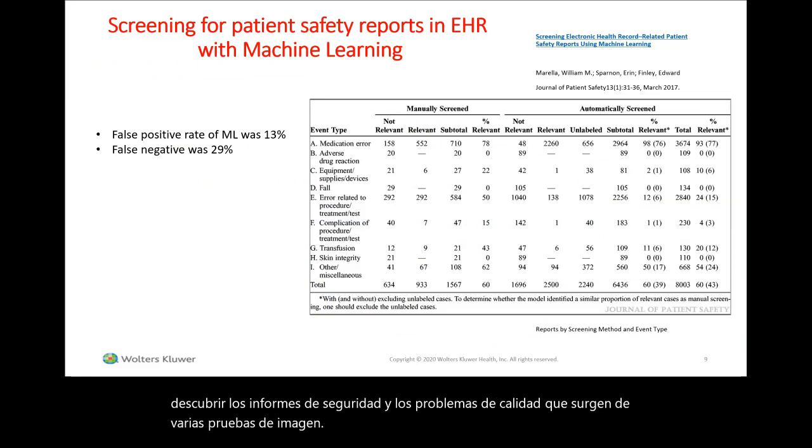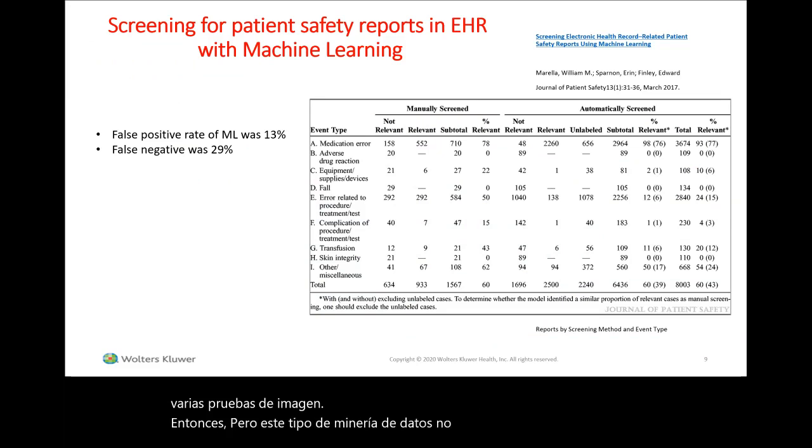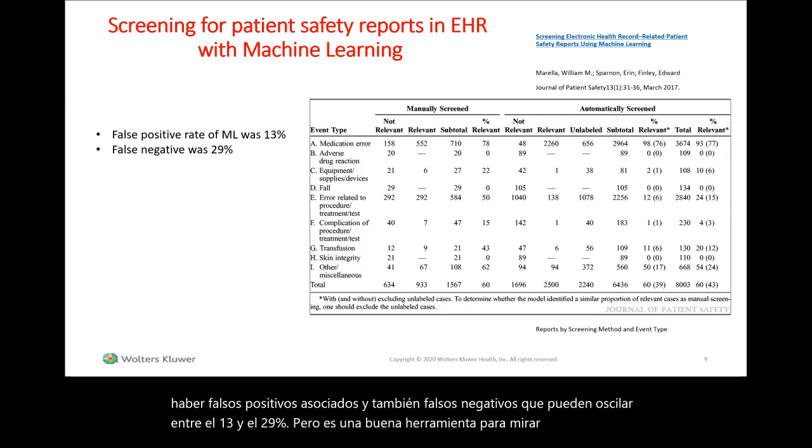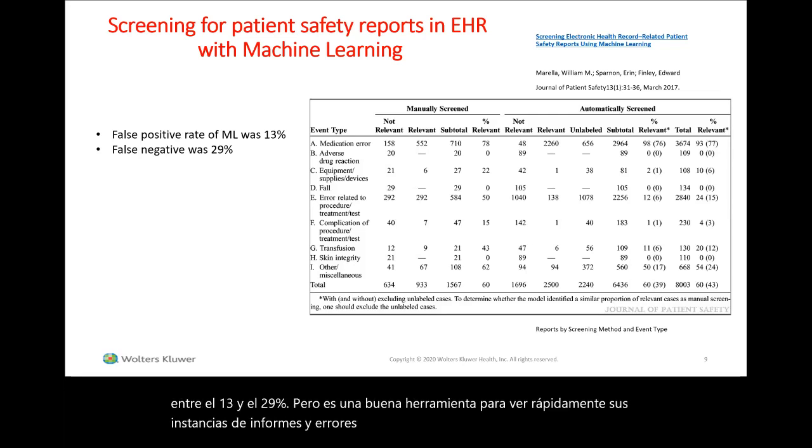This type of data mining is not always accurate. There can be false positives associated with it and also false negatives, which can range between 13 to 29%. But it's a good tool to quickly look at your instances of safety reports and errors that happen during various imaging tests.